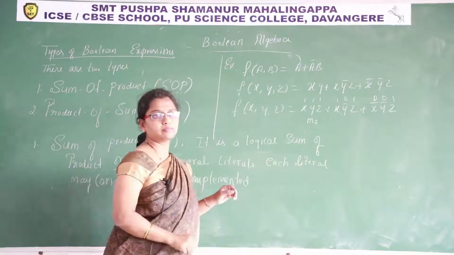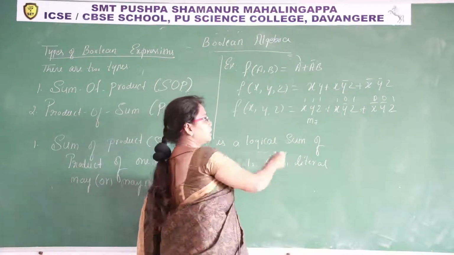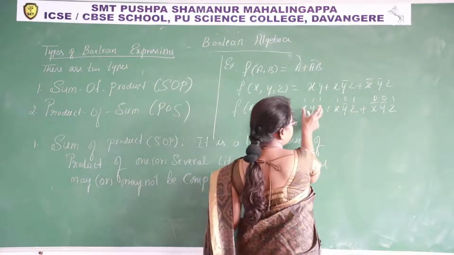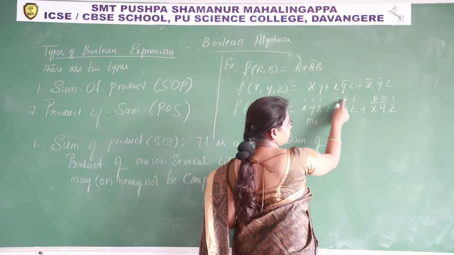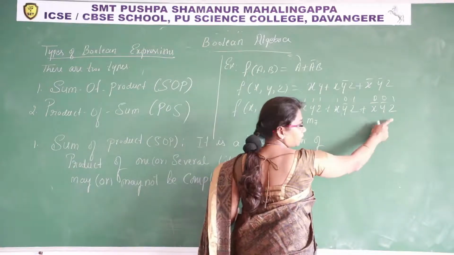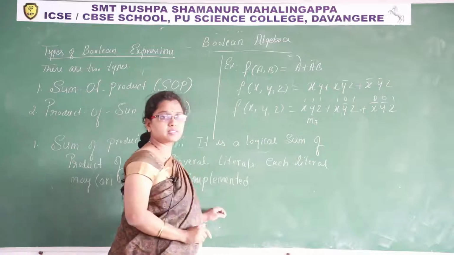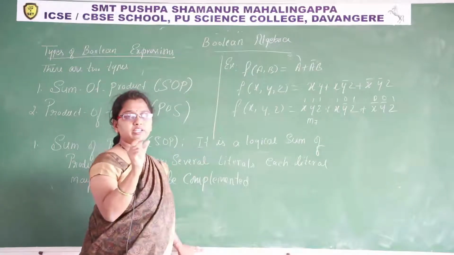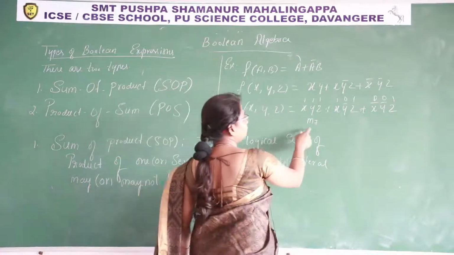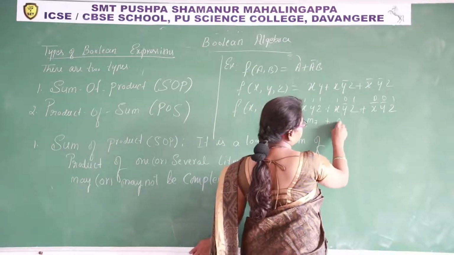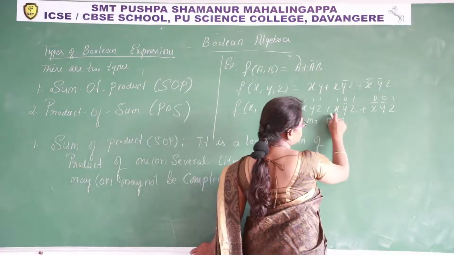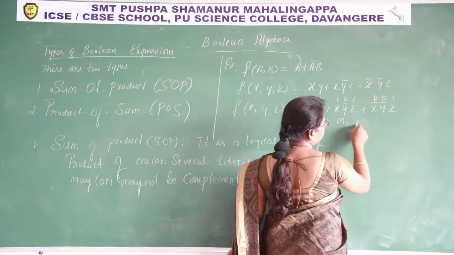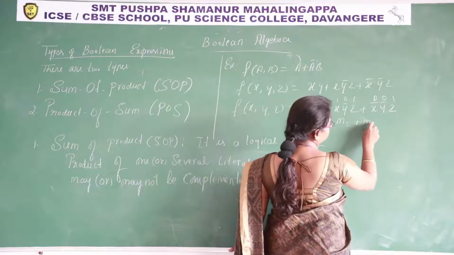Small letter m is used to represent min terms. So these are all called min terms. xyz is one min term. This is another min term. This is also a min term. Then how to give the shorthand notation for the min terms? m7 plus m5 plus m1.